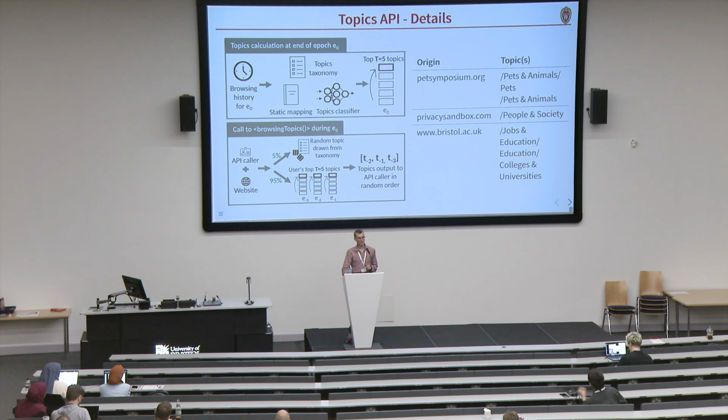And for each week, a randomized response mechanism gets triggered, as shown on the slide. 95% of the time for that week, a true topic from the topics profile of the user gets reported to the advertiser, and 5% of the time, your web browser is going to report a noisy topic to the advertiser that has been uniformly sampled from the taxonomy.